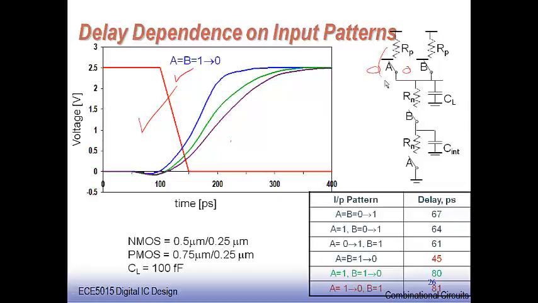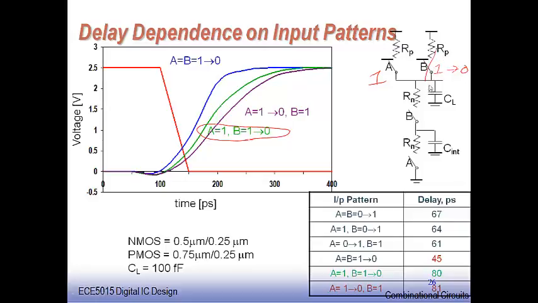Now I will have this working and this also working, and these two devices are going to be off. The next condition is when A is equal to 1, the green condition, when A is equal to 1 and B goes from 1 to 0.